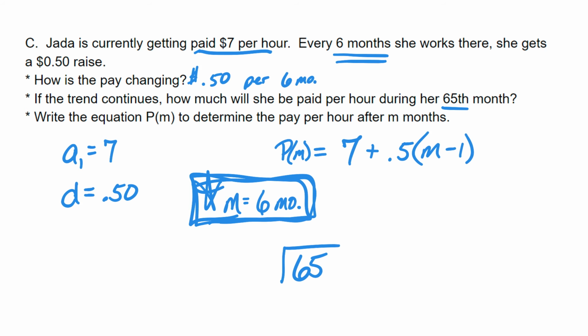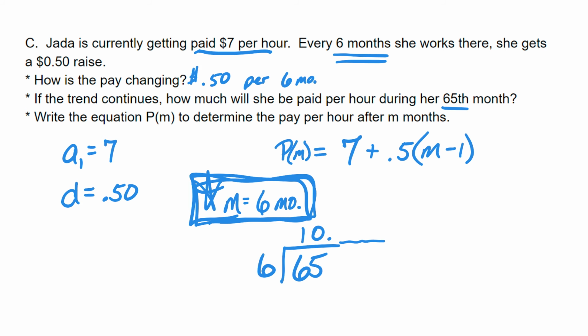So we have 65 months, 6-month intervals. We would actually get a decimal. We would have 10 full intervals, and then we will have a decimal, won't we? But we did not get the next pay bump. I don't care if this number rounds up. Let's actually see what the number is.